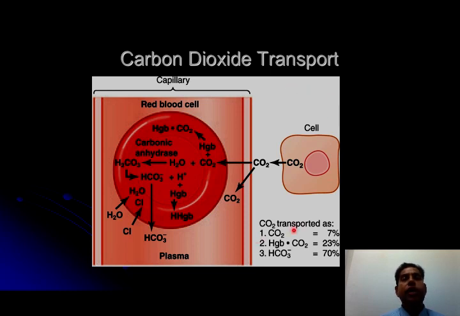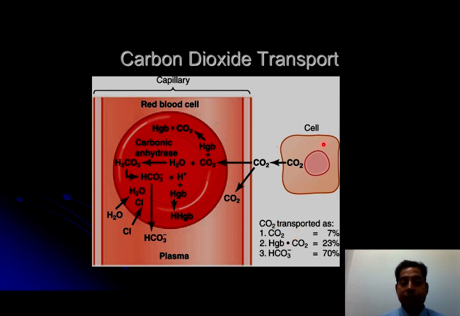Most of the carbon dioxide which is transported is in combination as a bicarbonate ion. 70% of the carbon dioxide is in the form of bicarbonate. The other 23% combines with hemoglobin as a carbamino compound, carbaminohemoglobin. The third one is as dissolved carbon dioxide.